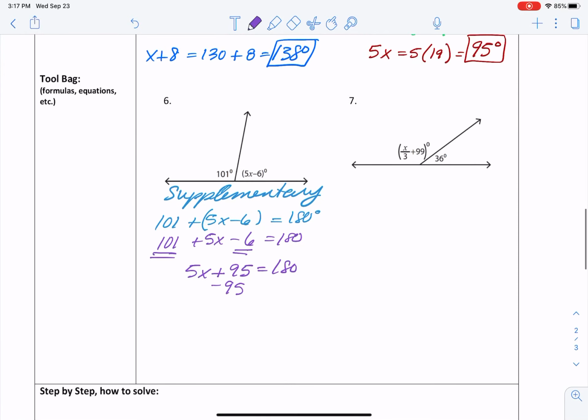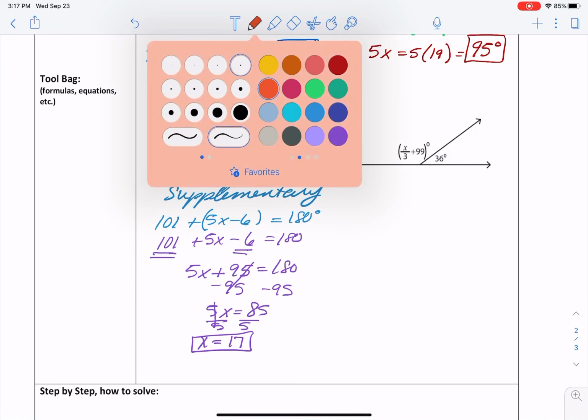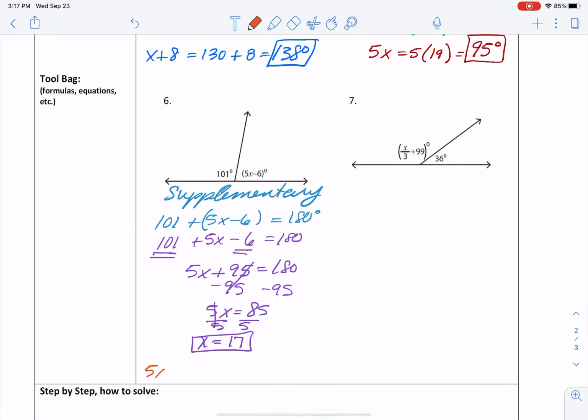Subtract 95 from both sides. 5x equals 85, and when I divide, x equals 17. So then 5x minus 6 equals 5 times 17 minus 6, equals 85 minus 6 equals 79 degrees.